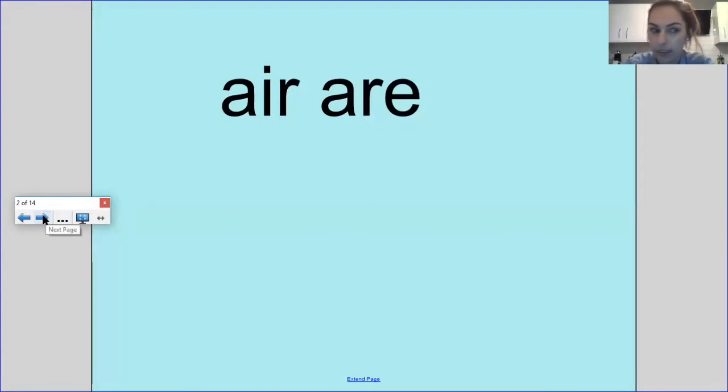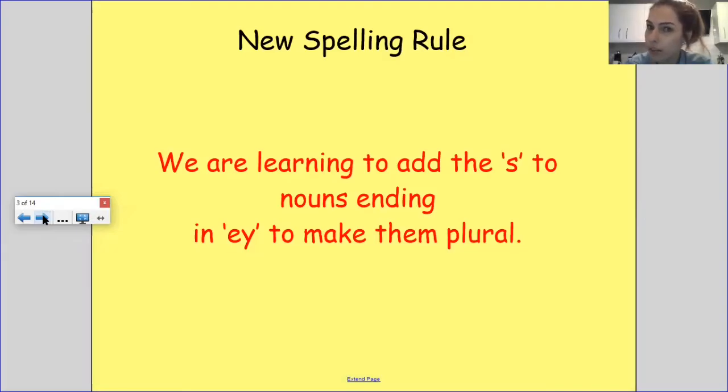Are you ready to have a look at what we're going to be learning in phonics today? A new spelling rule. I love spelling rules. So today we're learning to add S to nouns that end in EY to make them plural. Now remember, nouns are the names of things.